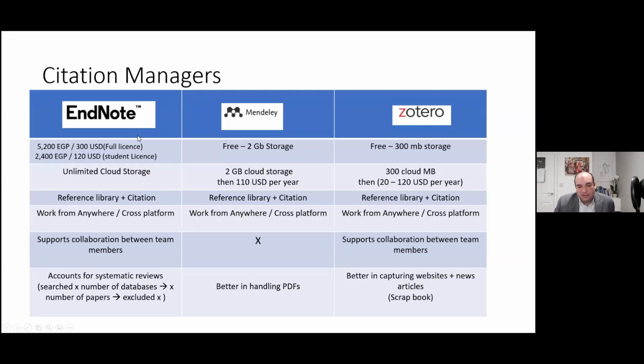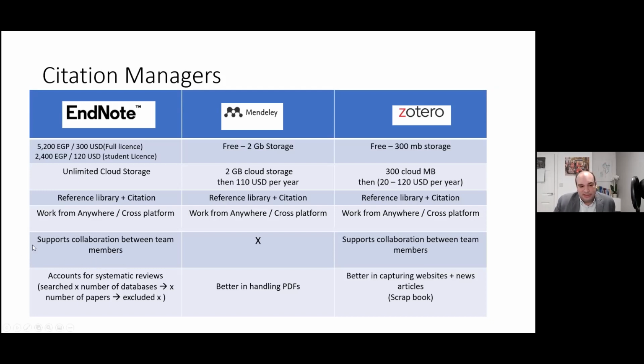EndNote, because it's a bit high-end, supports something called collaboration between team members, meaning that I could write a part of a paper, and then if I give it to my co-author, he could also use the citation manager and edit the paper without causing any problems if he also has EndNote.